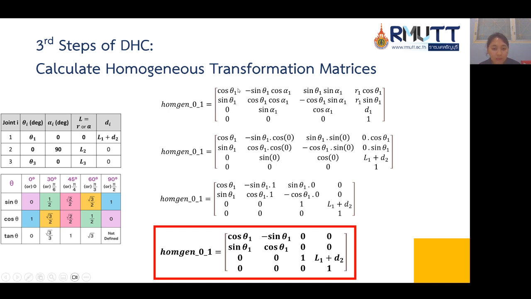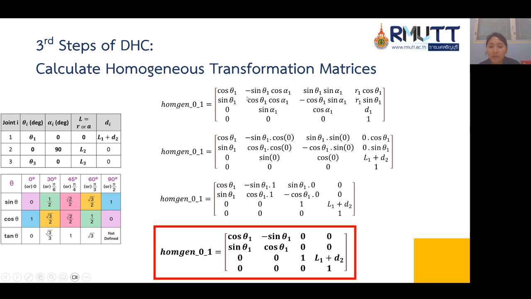We can plug in all 4 parameter values for joint 1. The theta is theta 1, the alpha is 0, the R or A is 0, and the D is L1 plus D2.